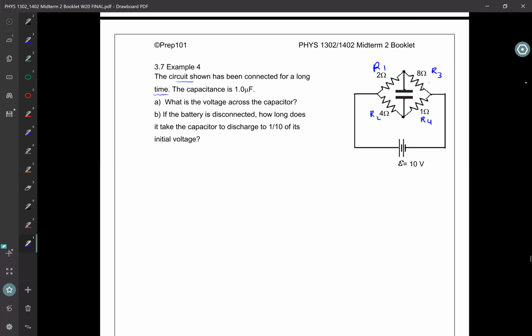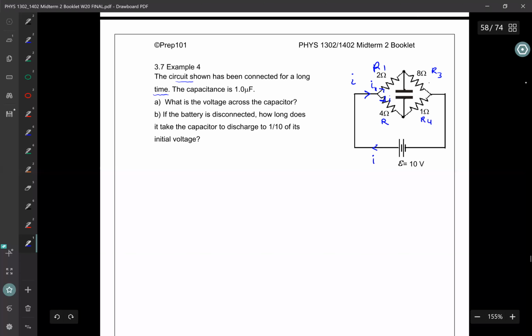So when that happens, now look, the current that is coming out of the battery, it is I, and it will branch out to two currents. So I can label them as I1 and I2. So let me write I2 in here.